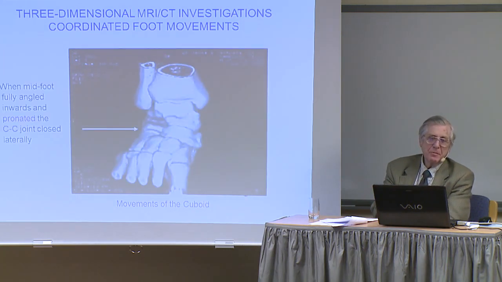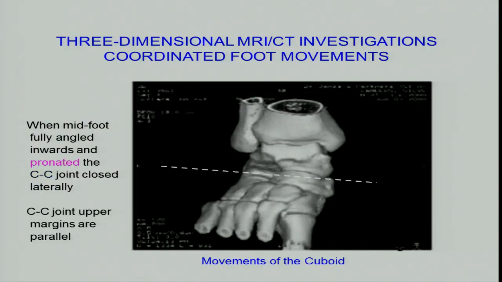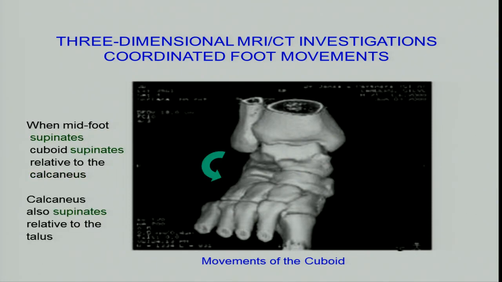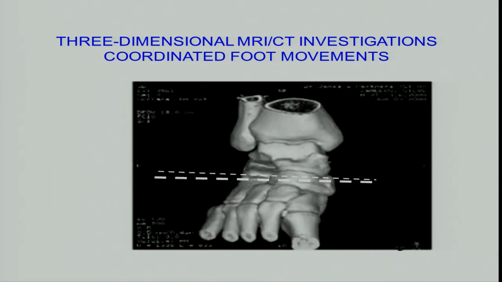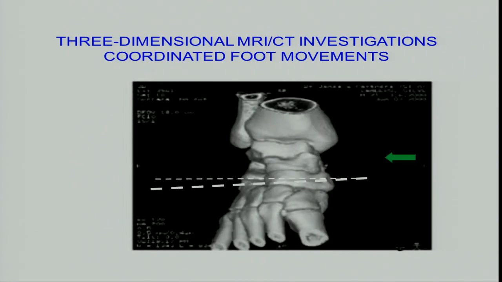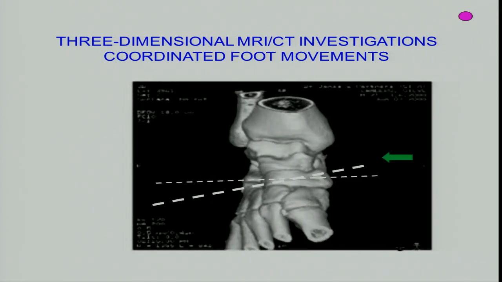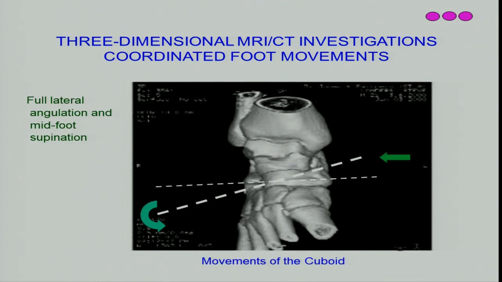When the midfoot is fully angled inwards and pronated, the calcaneo-cuboid joint is closed laterally. That's the upper margin of the calcaneus, and that's the upper margin of the cuboid. And if you watch them, then the cuboid supinates further than the calcaneus, as you'd expect now.